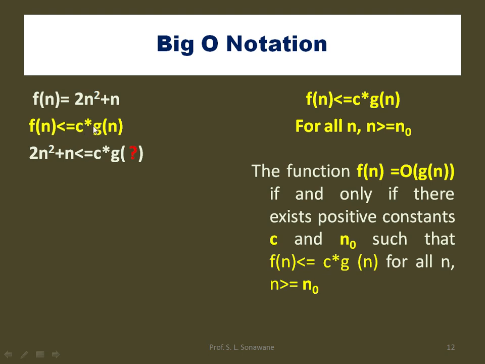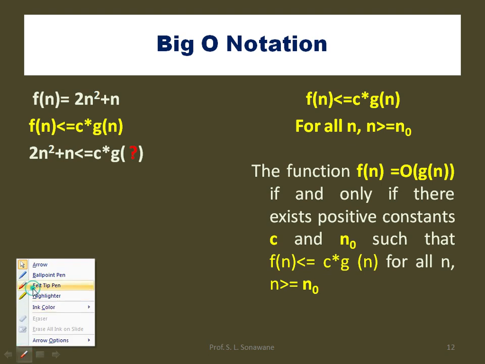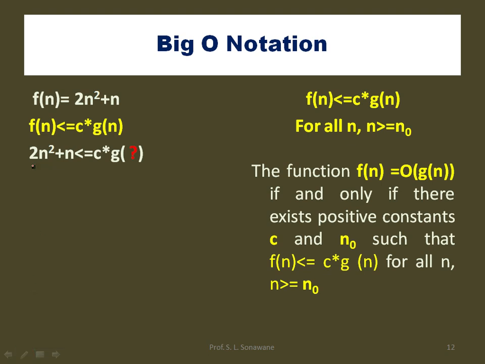Then in this condition we put the value of the function f of n. Therefore we write 2n square plus n is less than or equal to c into g of something. Here we have to find the term of the order, so we have given the question mark, because we have to find the term over here.